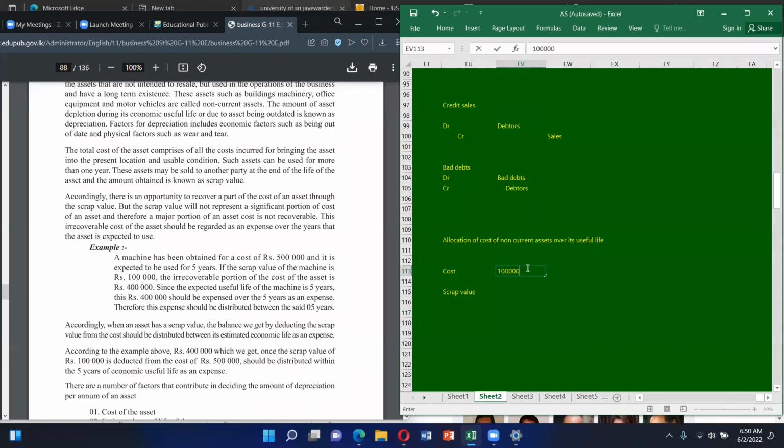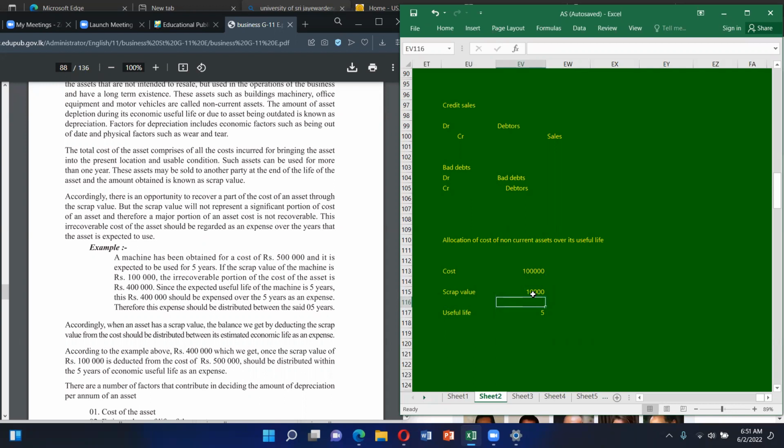That is your purchase price, or what we call cost. And assume you can use this laptop for 5 years, after which, after 5 years' time, you could sell it for 10,000. That's called scrap value.